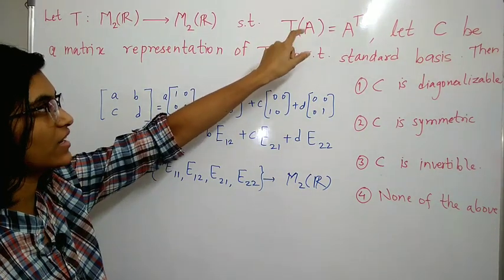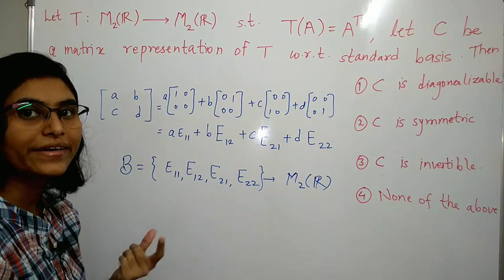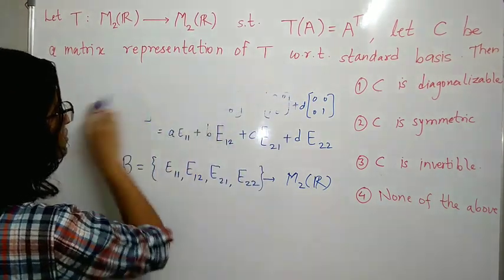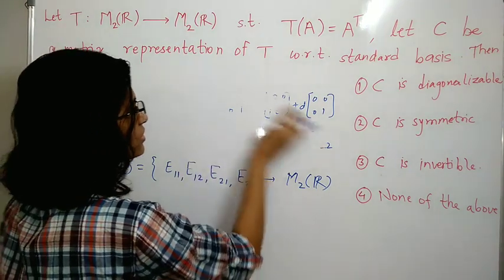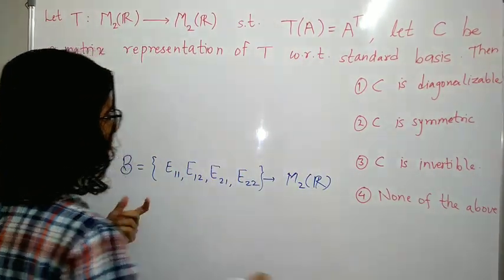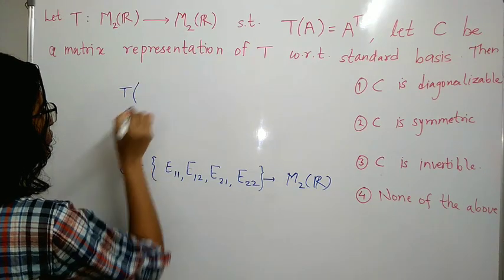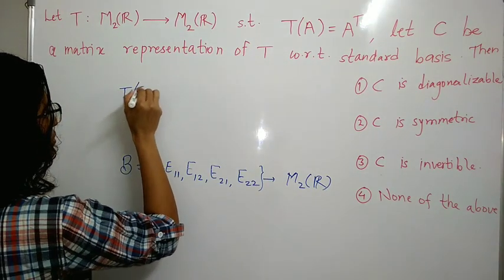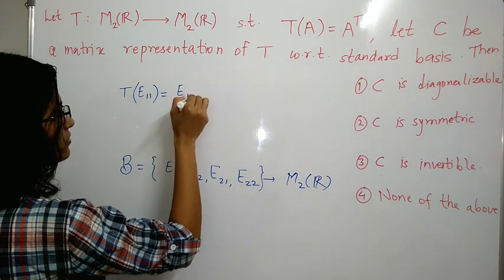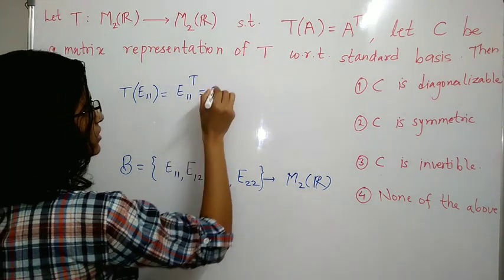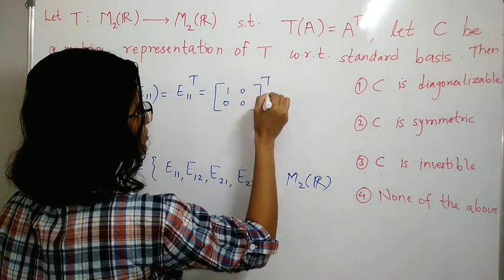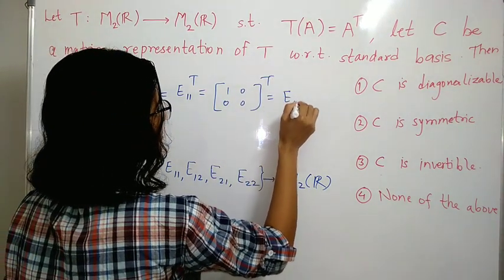Now we have to find the matrix representation of T with respect to the standard basis. T is defined as T(A) = A transpose. So we just have to apply this transformation on the basis elements. T of E11 is just E11 transpose, which is [1 0; 0 0], the same as E11.